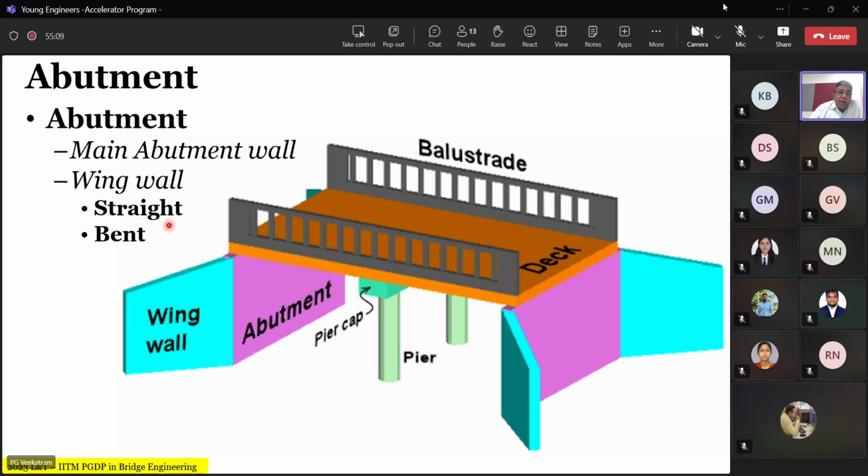So now the question comes: the wing wall. The wing wall has got two possibilities: the straight one and the bent one. Straight one essentially means something that turns 90 degrees and goes along the alignment, and the bent one is something that goes either totally perpendicular to alignment or partly perpendicular, as shown in this sketch.